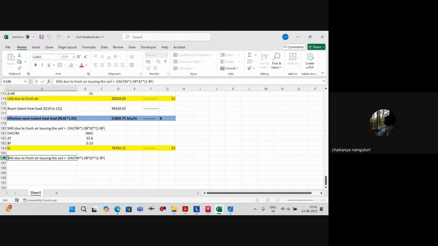That is Q equals 0.68 into delta humidity ratio into (1 minus bypass factor). You agree?